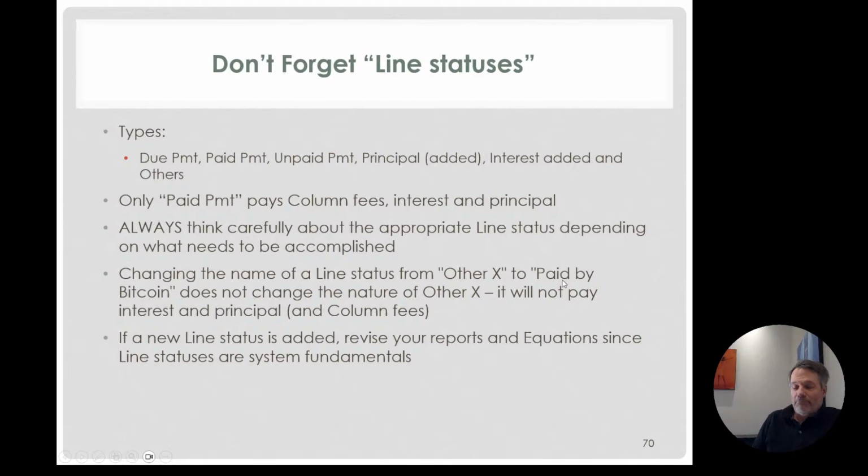It'll pay itself. It's going to reduce your principal. It's going to reduce your balance, but it won't put it where it's supposed to be. It won't pay interest, principal, and fees. It's really quite important. When you add a new line status or you change a line status, always revise your reports and your equations, because this is fundamental in the system.